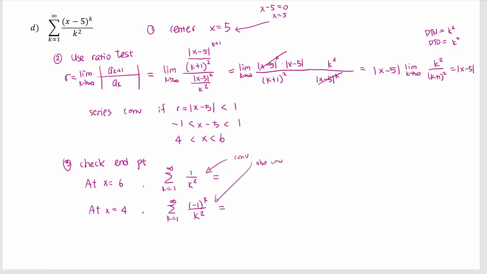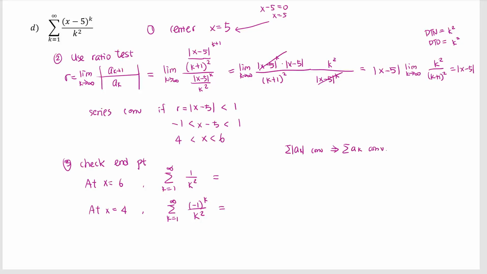Why? Because absolute convergence implies convergence. So that's why I suggest that you work on the series of positive terms. If it converges, then we're using absolute convergence: if this converges, it implies convergence.